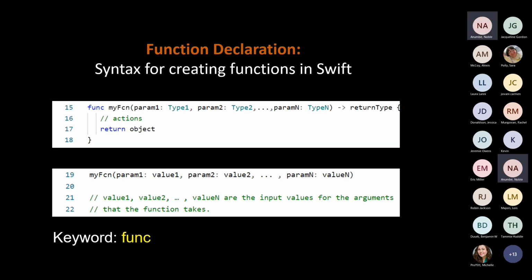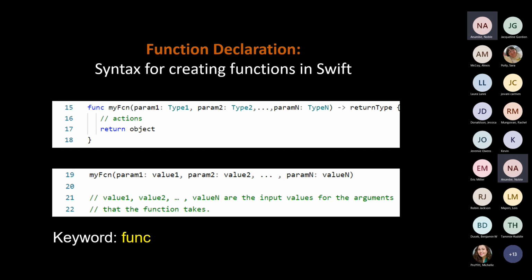So how do you create functions in Swift? I think I mentioned in the first class that there are certain keywords that are reserved. It's like you get into a parking lot and there are certain spots where you can't park. If you try to park there, you're going to be fined.